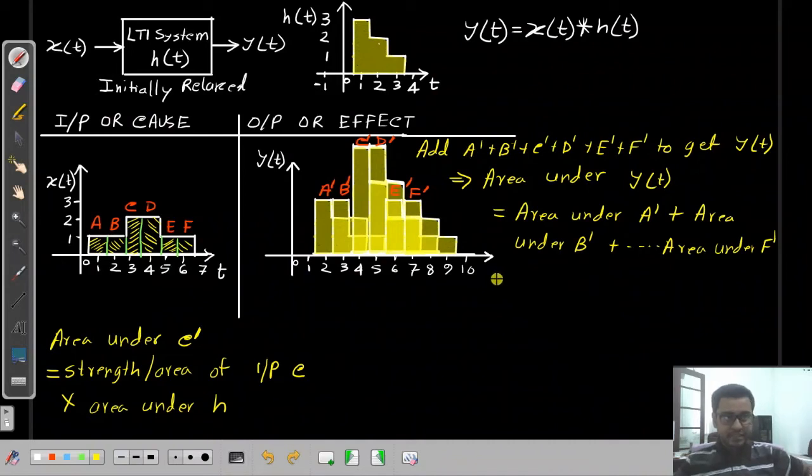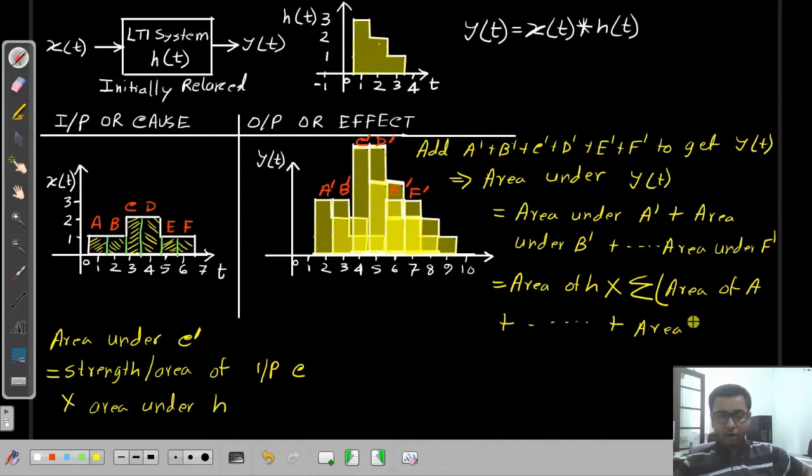So I can write it this way: area of h multiplied by the sum of area of A plus area of B, C, and so on up to area of F. Now this sum is nothing but the area under the input.